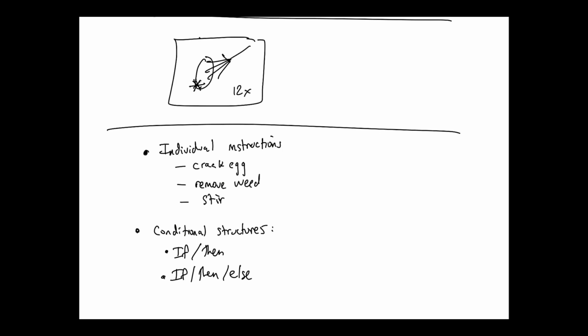Okay, so the individual instructions, the conditional instructions, and then what I'm going to call definition. And this would be like saying something like that the number of eggs is equal to 12, like you're declaring something. So maybe definitional is a bad word. Let me say declarative.